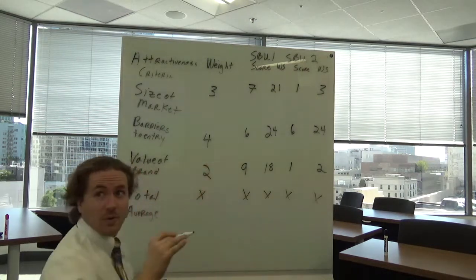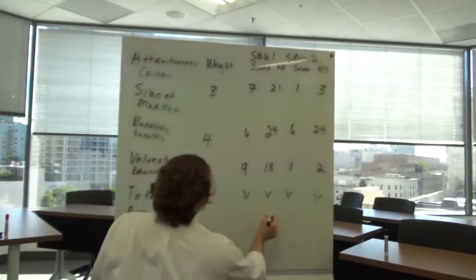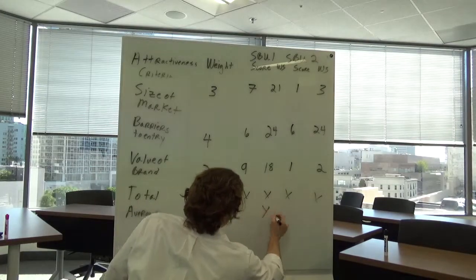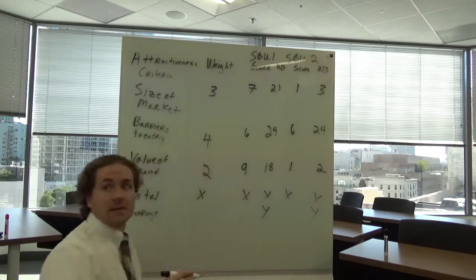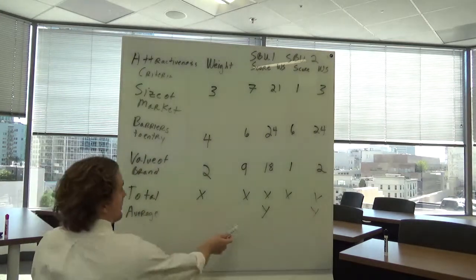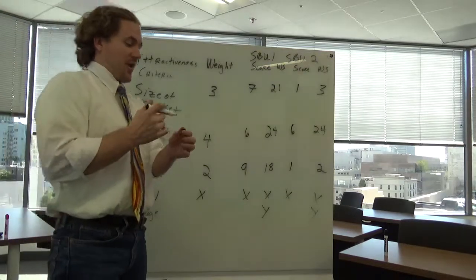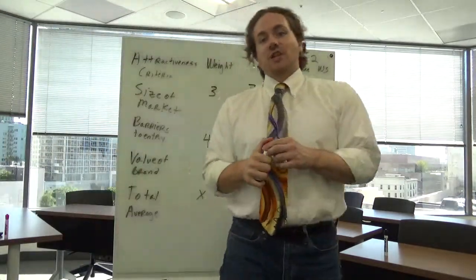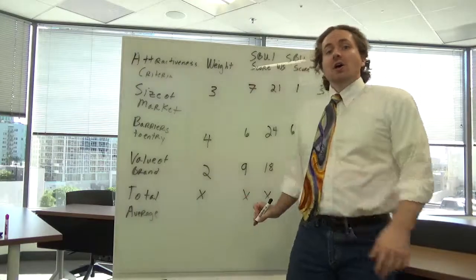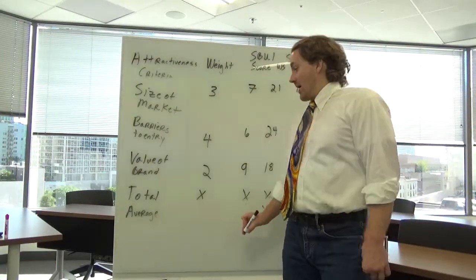Let's see, how do we do it? So you'd only average out the weighted scores. And then based on these weighted scores, you would come up with your attractiveness factors. And your attractiveness factors, again, that's what you would have along the y-axis of your graph.